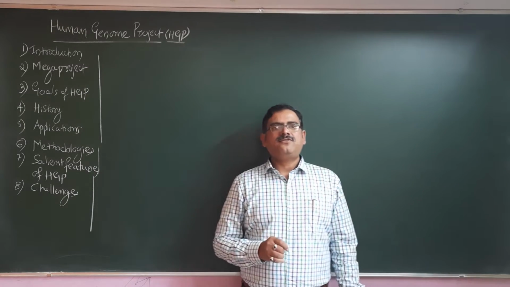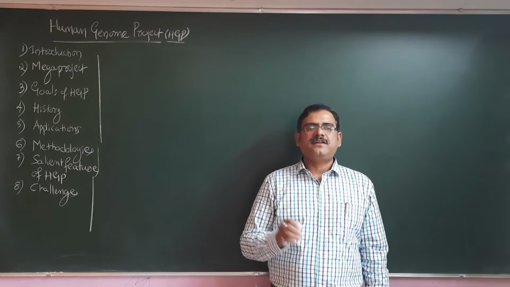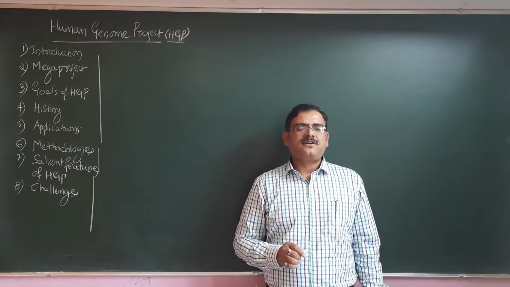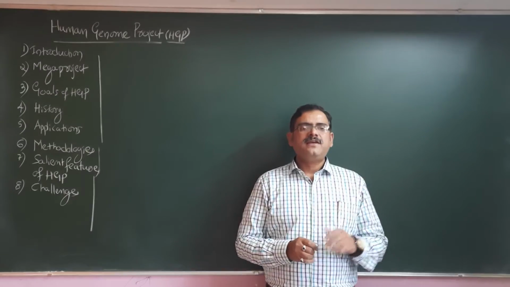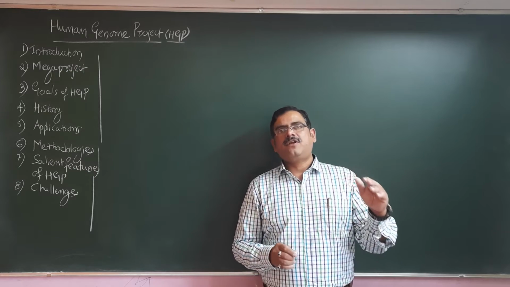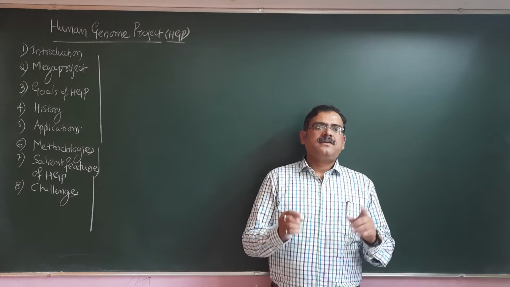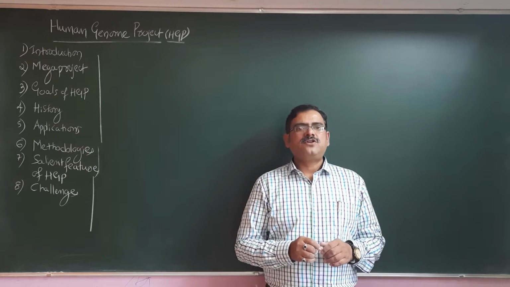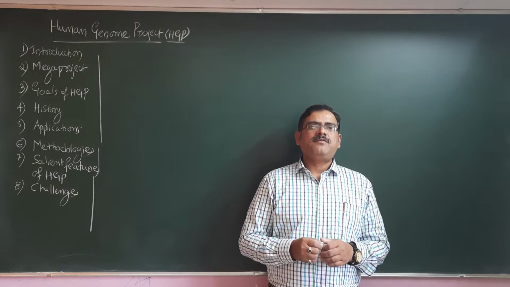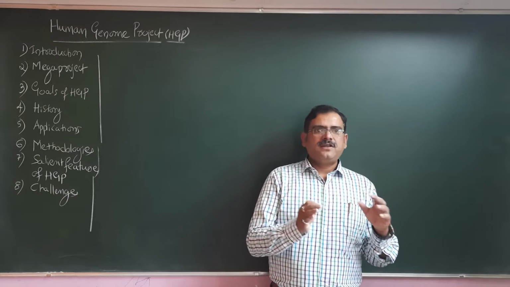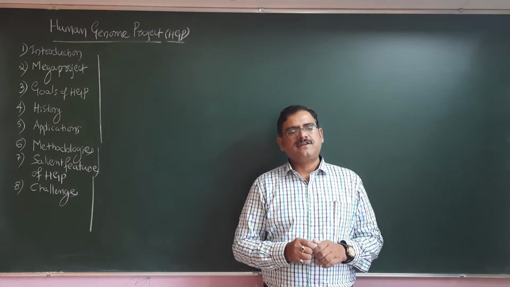Some of the points I told you in the earlier class: in 1970 there was a person, Walter Gilbert, who developed the electrophoresis technique that became the basis for separation of DNA based on length or molecular weight. And then in the 1980s, the CEO of a company, Celera Genomics, Craig Venter, proposed a Human Genome Project for decoding the DNA and bringing out the sequence information.